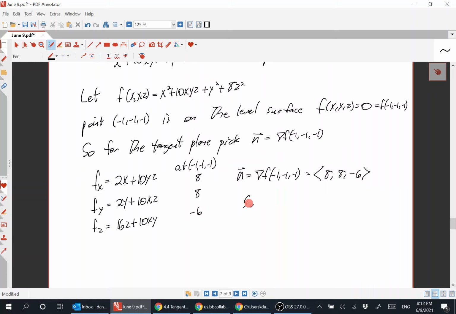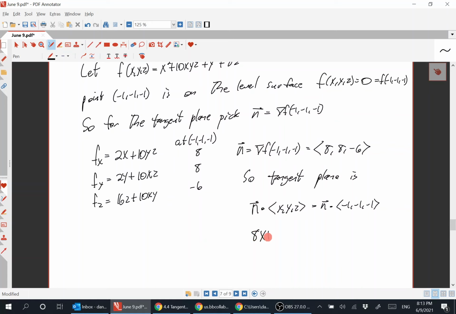So the tangent plane is n dot x, y, z equals n dot -1, -1, -1, because that point of tangency is on the plane. That's the one point on the plane that we know.